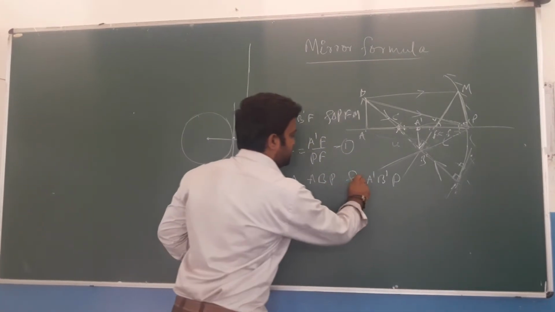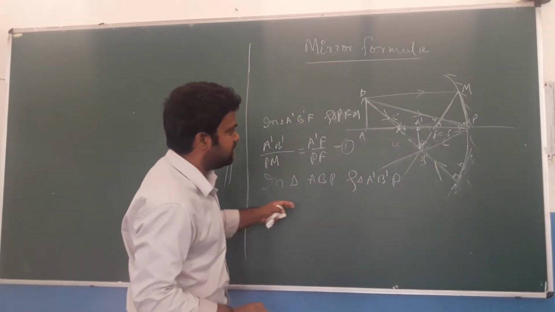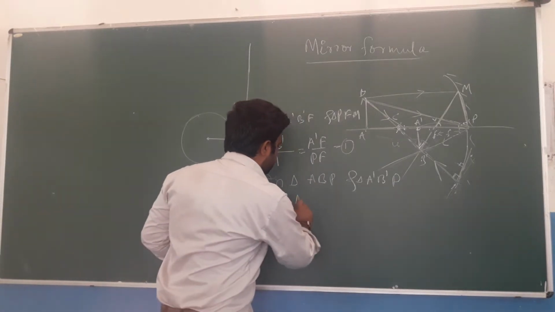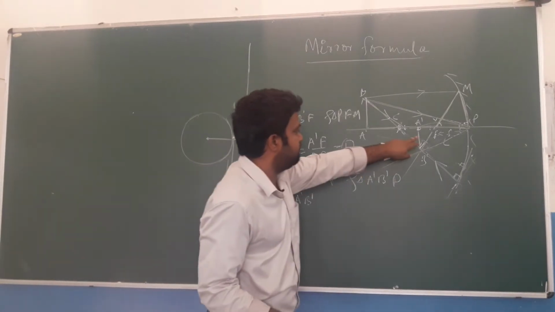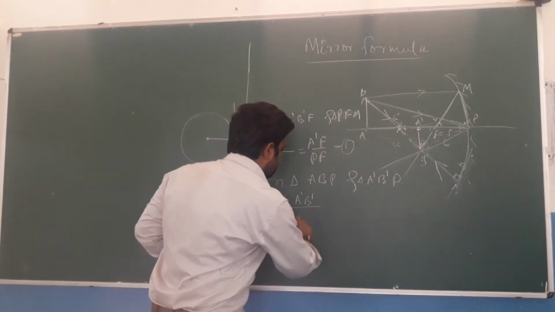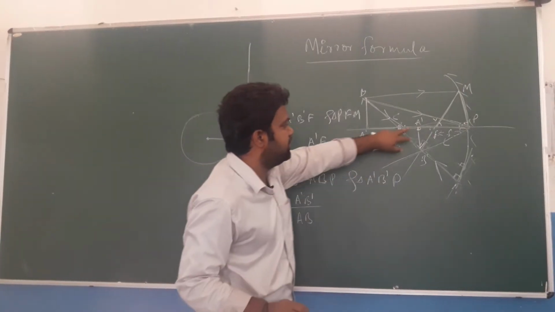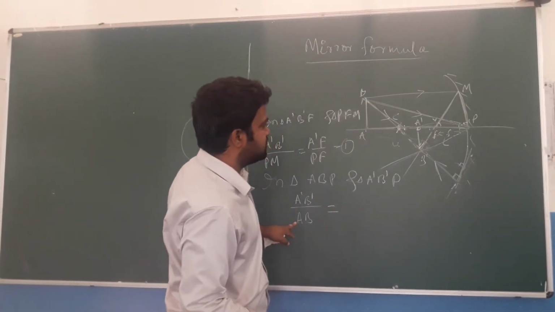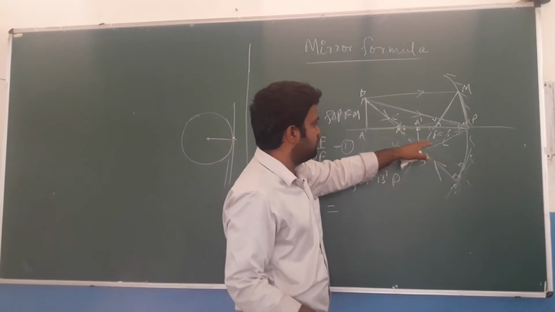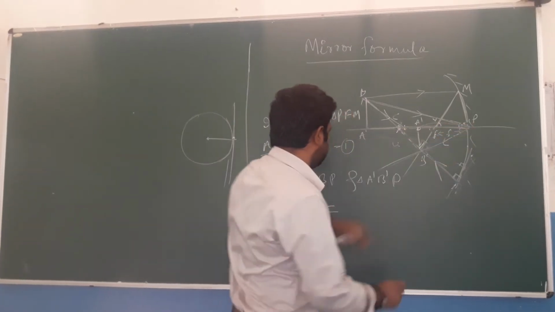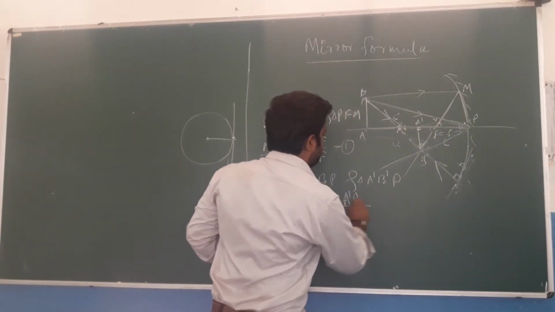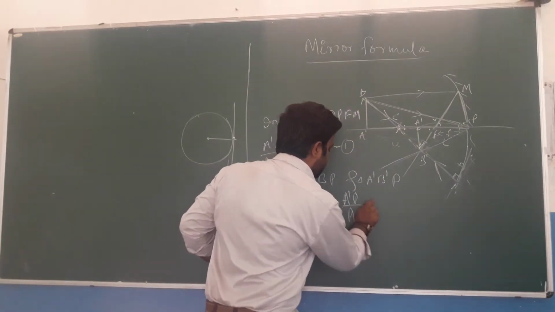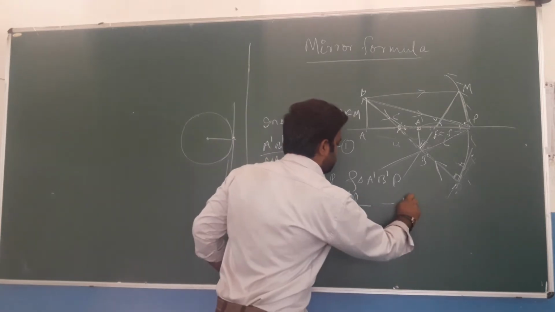Now in these two triangles, you can see that A'B' by AB, AB is the object height, A'B' is the image height. So image height by object height is equal to A'P by AP. Now this is equation 2.